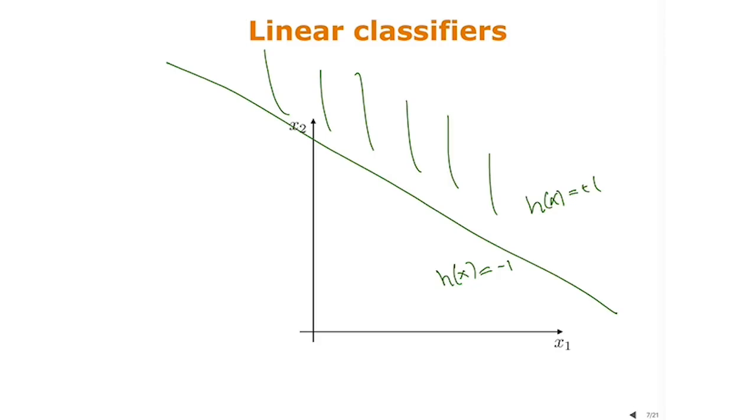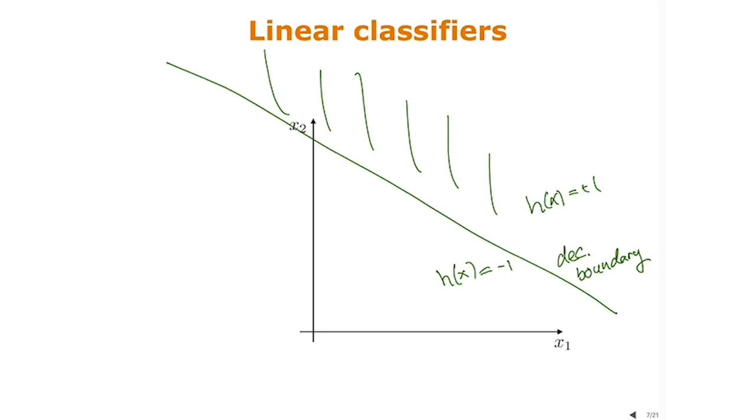The dividing line here is also called the decision boundary. In 2D, that decision boundary is a line. If x was a one-dimensional quantity, the decision boundary would be a point. In 3D, it would be a plane. And in higher dimensions, it's called a hyperplane that divides the space into two halves.